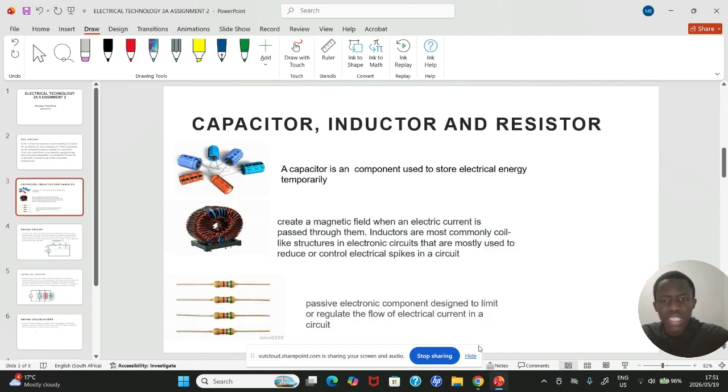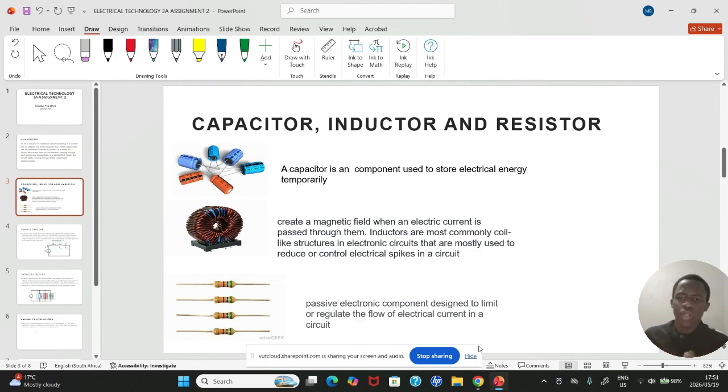The next slide shows the capacitor, inductor, and resistor. The first one, as you can see, is a capacitor, which is used to store electrical energy temporarily.